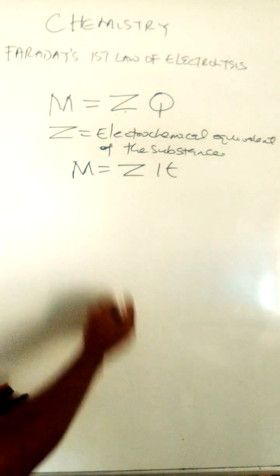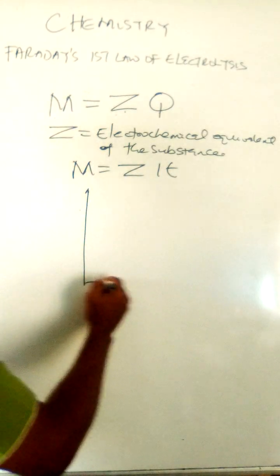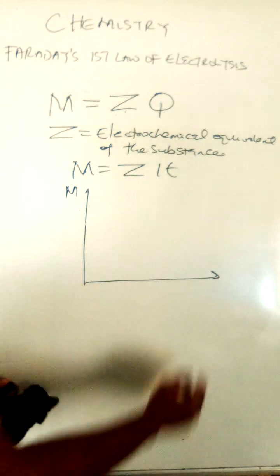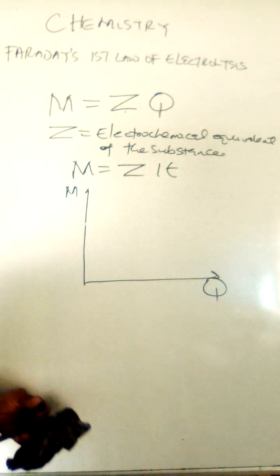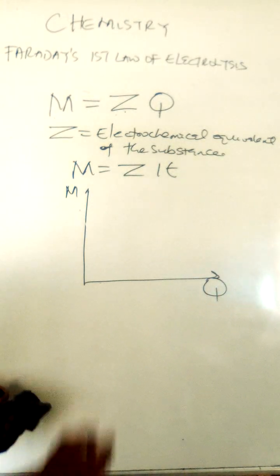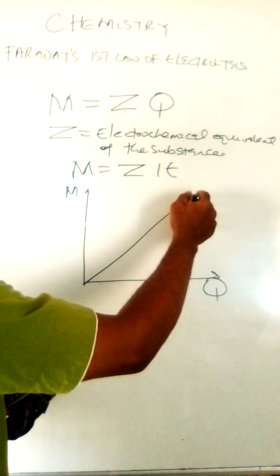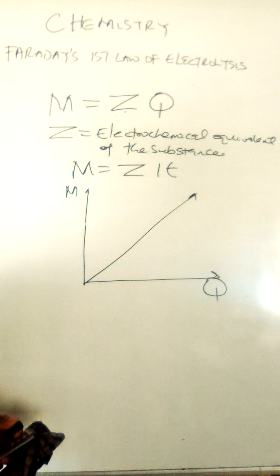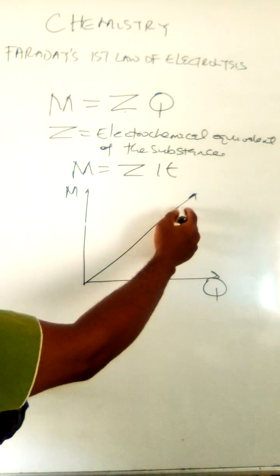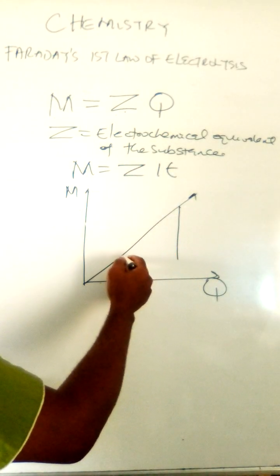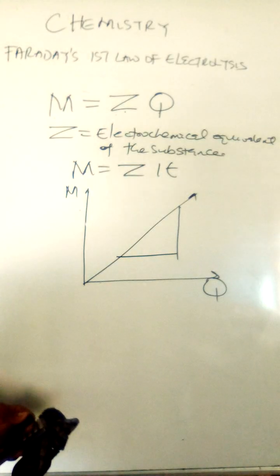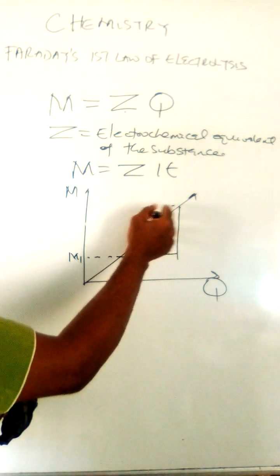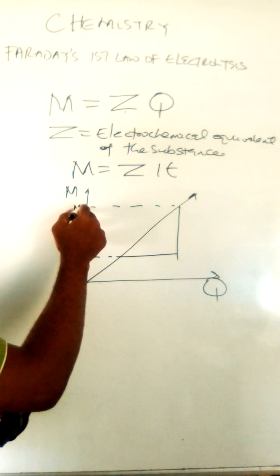Okay? You take a plot of mass of substance deposited against quantity of electricity passed through the electrolyte. We're going to get a straight line graph to prove Faraday's first law of electrolysis. If we take the slope, or what we call the gradient of this graph, take this place as M1, M2.